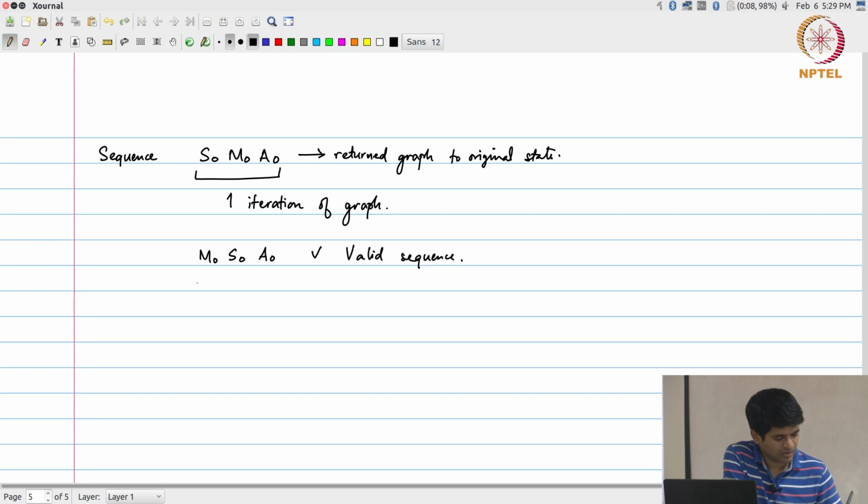What about S0, S1, M0, A0? This is also valid, because S doesn't have any dependencies, it can fire as many times as it wants. The problem here is the graph has not returned to the original state.